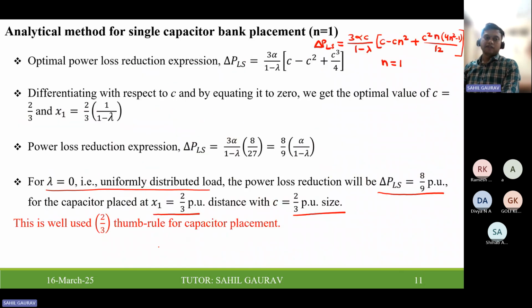But for this optimal case, where we have considered the 2/3 thumb rule, where the capacitor placement is 2/3 per unit distance and capacitor size is 2/3 per unit, the power loss reduction is 8 upon 9 per unit. That is approximately 89%.